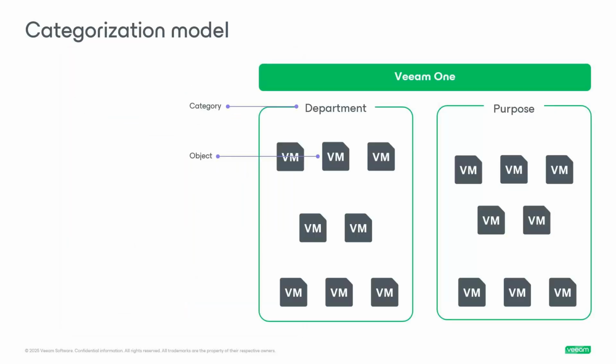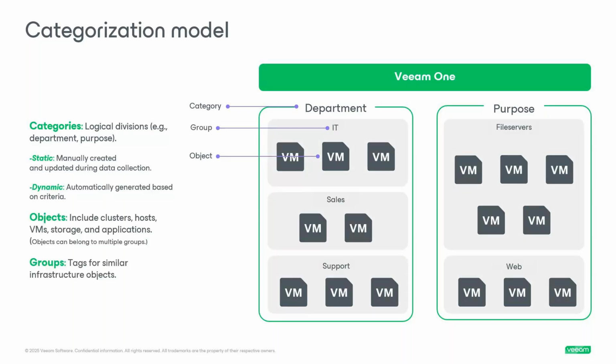So the category would be like department or purpose, and the groups would be the specific examples of whatever the category is. If it's department, in that case, IT, sales, support, or in the other case, maybe purpose, you could define it as different workloads, like file servers and web.